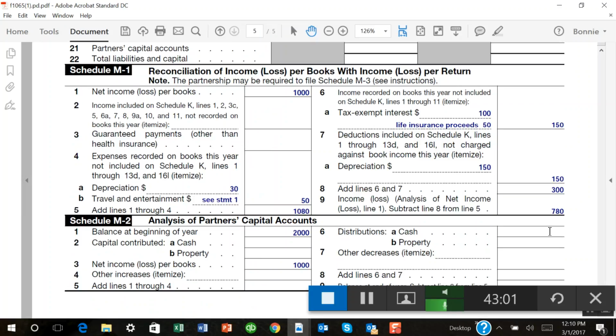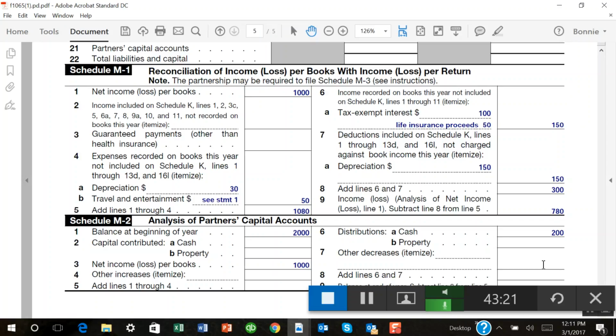But I did have a cash distribution of $200 to, I don't know, either one or more of the partners. It doesn't matter. It could have been to one partner or 5 of them, but you list the total here because this is for the whole partnership. Okay, this is a reconciliation of all of the partners' capital in total.